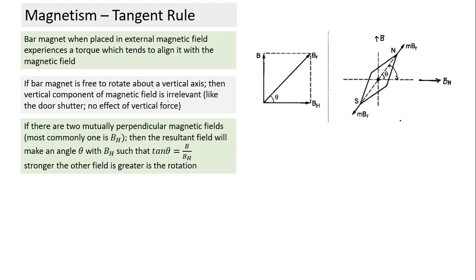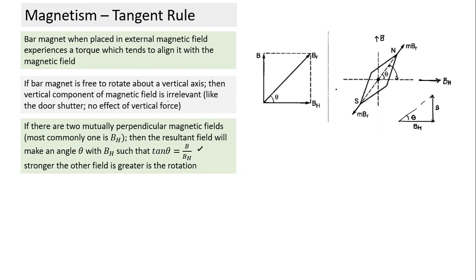How do we find the resultant? There are two vectors here. One is the BH vector. The other is the perpendicular field we created, B. The resultant is this, and this is the angle theta. So tan theta is B by BH. This becomes the tangent rule.